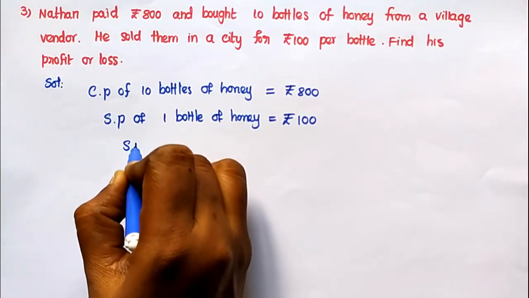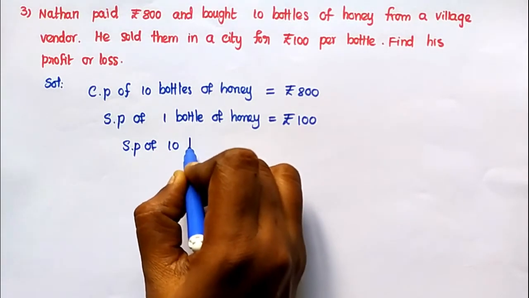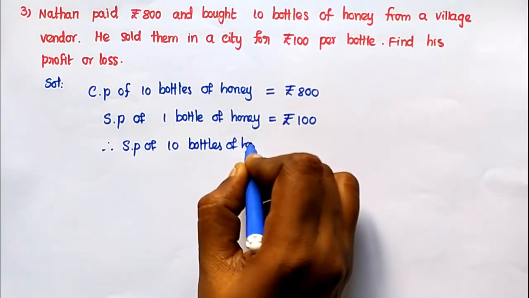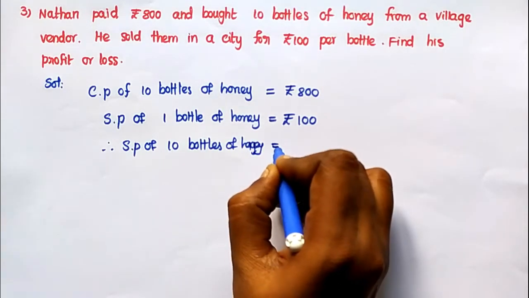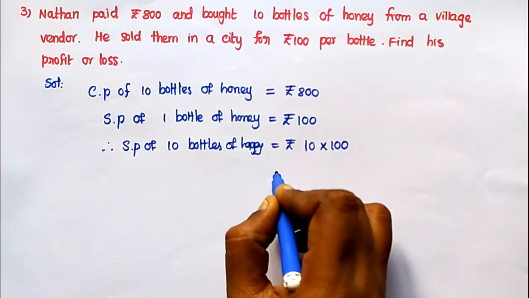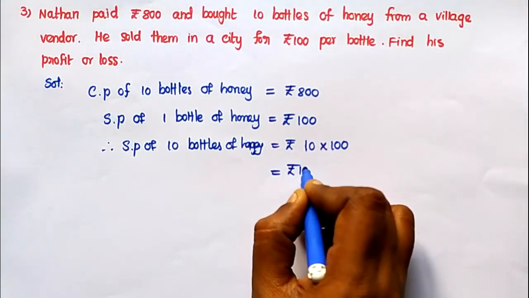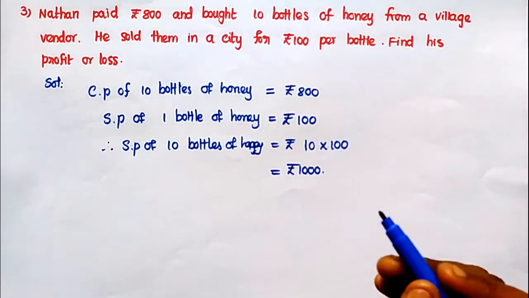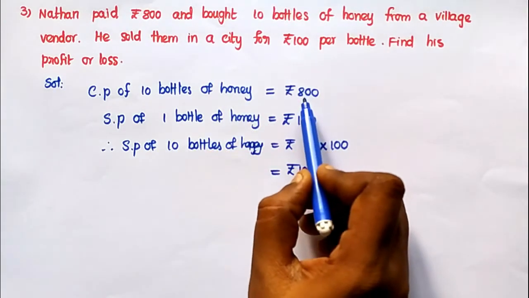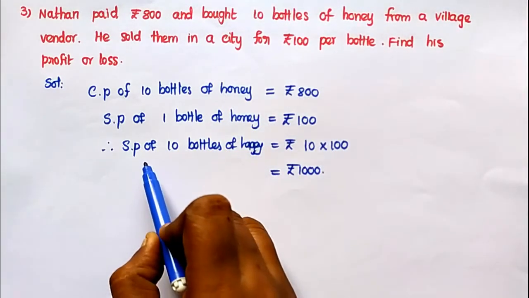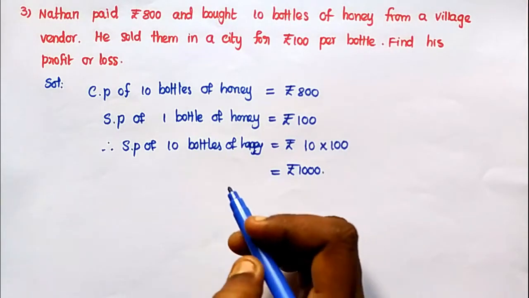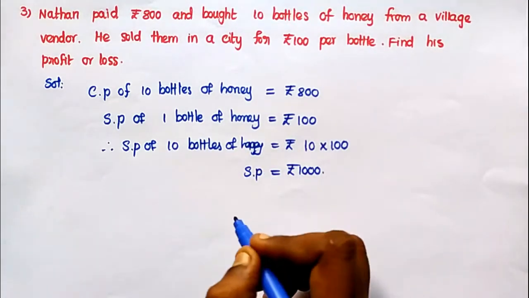So the selling price of 10 bottles of honey is equal to rupees 10 into 100, that is equal to 1000 rupees. Listen, cost price of 10 bottles of honey, he bought how much? 800 rupees. Selling price of 10 bottles of honey, he got rupees 1000, that is the selling price.